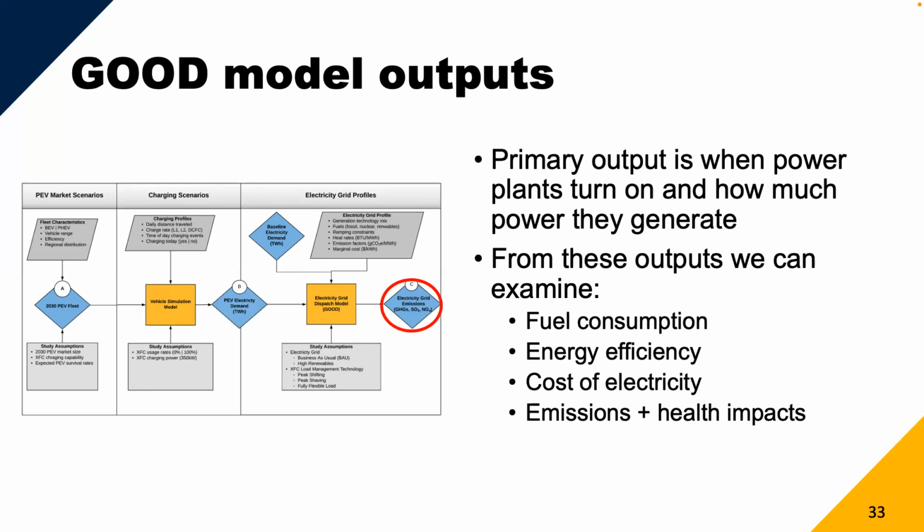And we can also observe how this changes over time. If the grid is getting cleaner, then in combination with the growth in charging load, they offset each other, because you're growing your electricity demand but decreasing the dirty power generating that electricity. Okay.